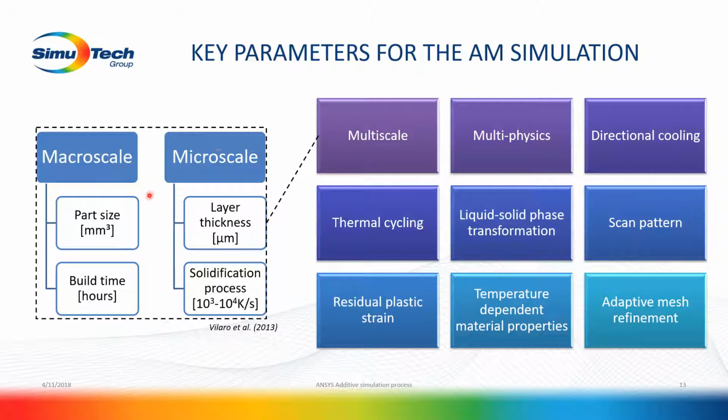For example, at the macro scale, the part size that we print can be up to cubic millimeters or cubic centimeters. So it's a good part size that we can print. But if we look at the micro scale, those parts are printed layer upon layer, and usually the thickness of a layer is around 30 to 50 microns.